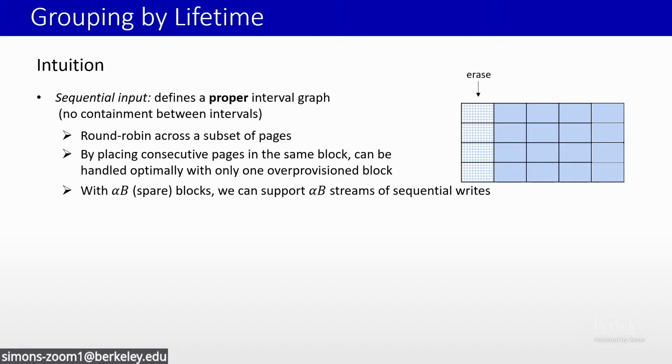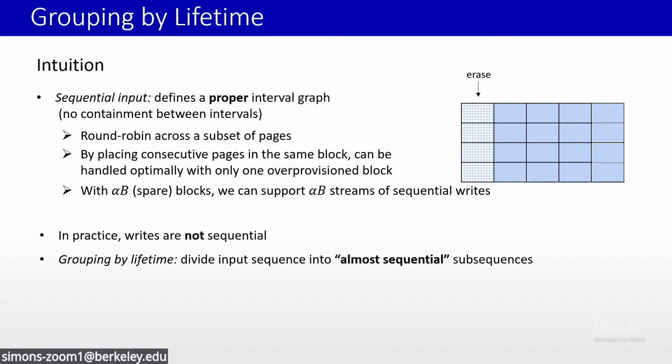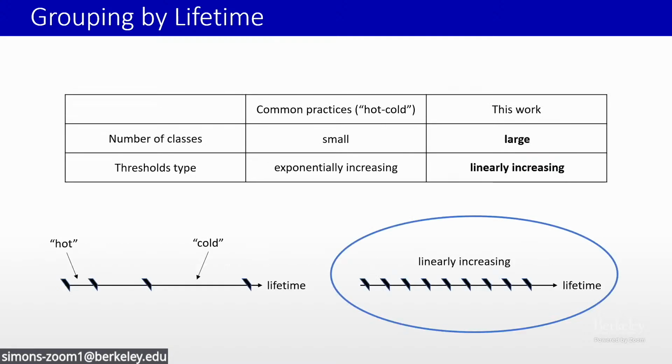So intuitively, since I have alpha B spare blocks, I can support alpha B streams of sequential writes. And of course, in practice, the writes are not sequential, so I'm going to divide the input sequence into, let's call it, almost sequential subsequences.